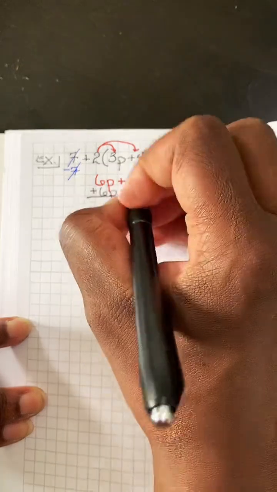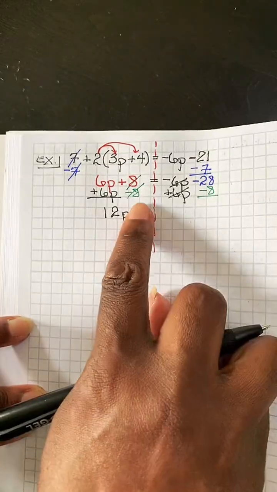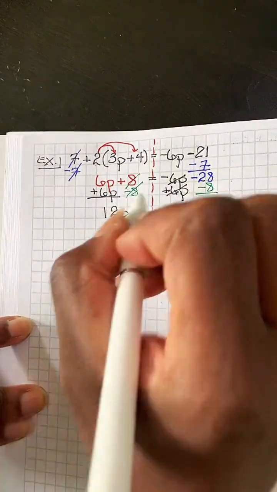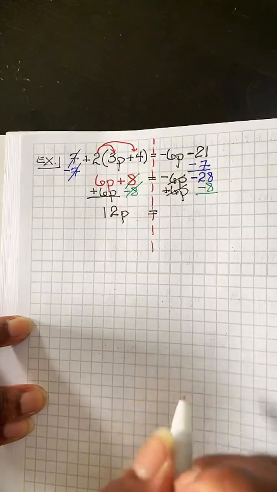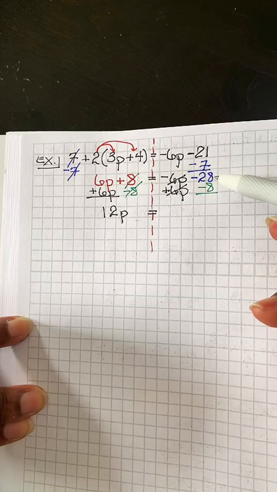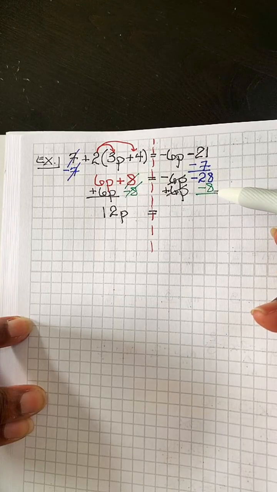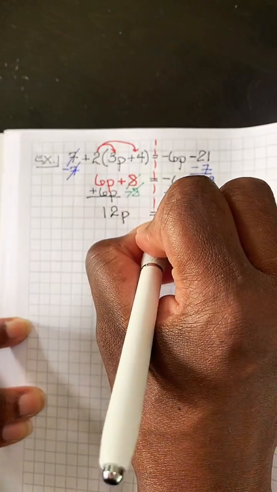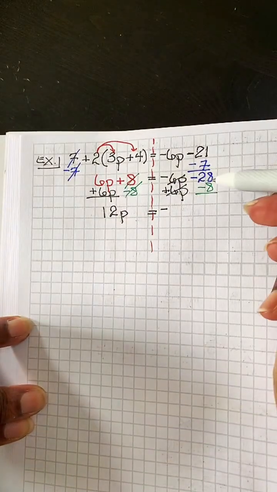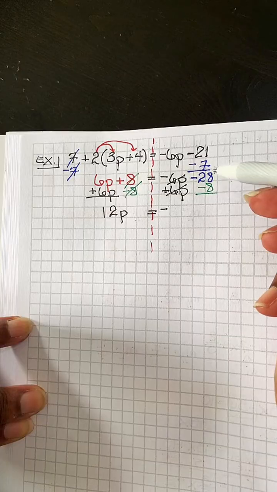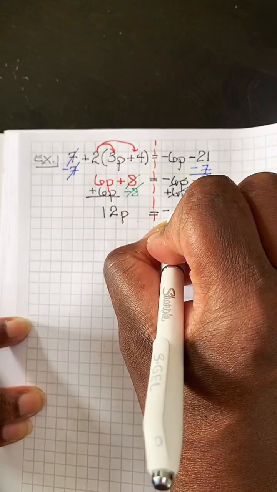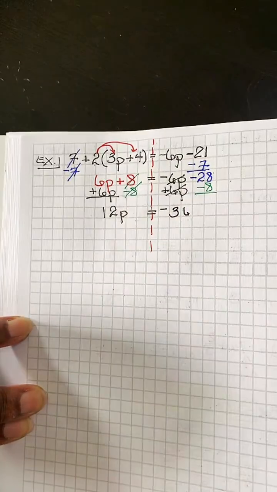Because 8 minus 8, that gives me 0. But I don't need the 0 because I still have that 12p right there. I'm bringing down my equal sign. Now what's left is negative 28 and negative 8. Since they're both negative, my answer is going to be negative. And I'm going to add them together. 8 plus 8 gives me 16. Carry the 1 gives me 36.